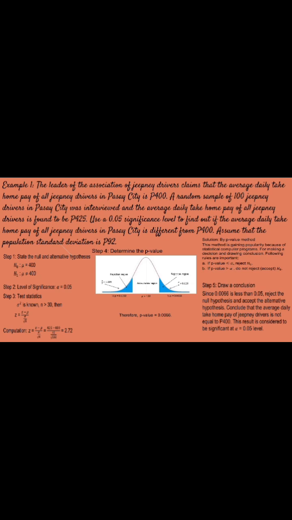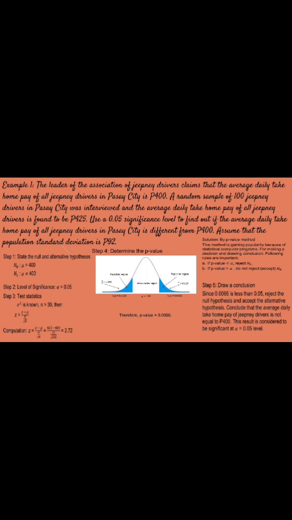Our population mean is equal to 400 and the sample mean is 425 because it's from the sample of jeepney drivers in Pasay City interviewed. For our population standard deviation, we have 92. And the sample size is 100 jeepney drivers, so we have the square root of 100.